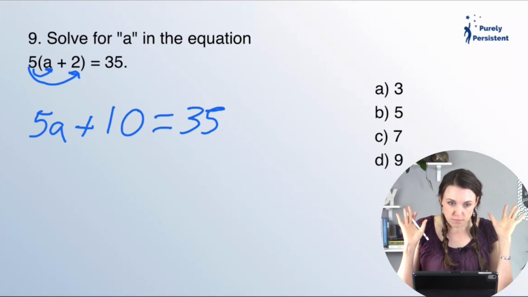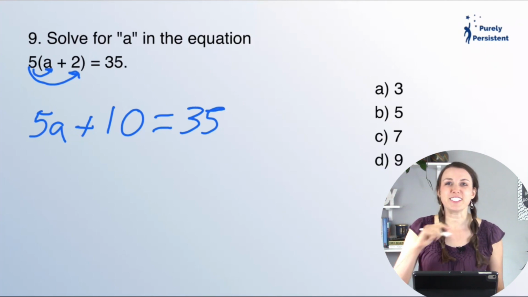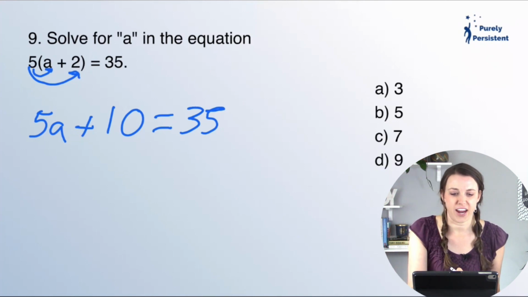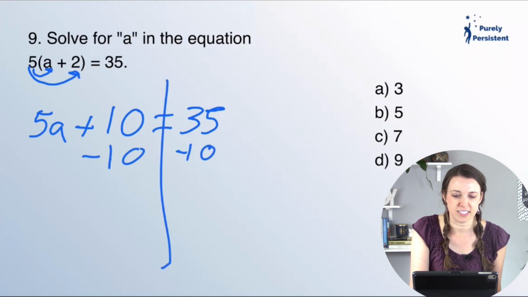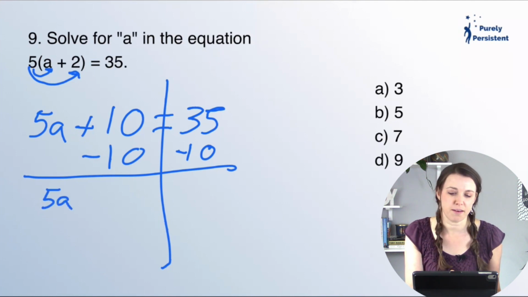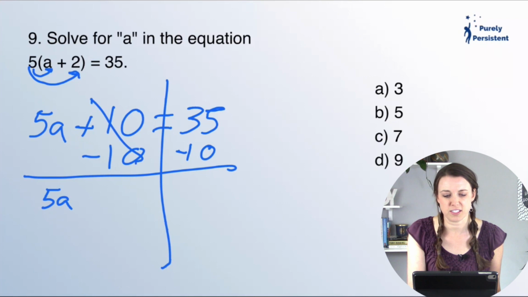Okay, how do we get A alone? The first thing is subtract 10, right? So let's get rid of 10 from both sides, bring our little line down to remind us, and we have 5A, the positive 10 minus 10 equals 0, so we can just leave that there, and 35 minus 10 is 25.